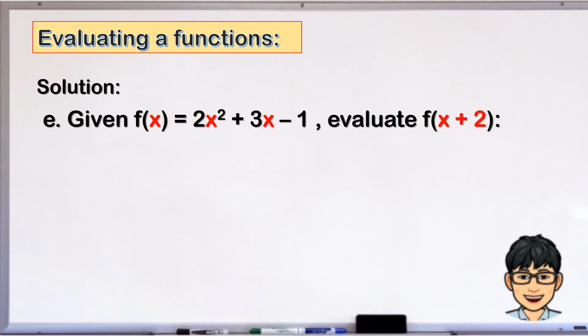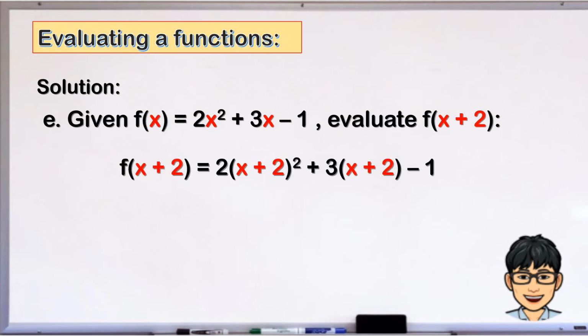For letter E, let us evaluate f of x plus 2. Meaning to say, lahat ng x sa f of x ay papalitan natin ng x plus 2. So, we have f of x plus 2 equals 2 times the quantity of x plus 2 squared plus 3 times the quantity of x plus 2 minus 1.